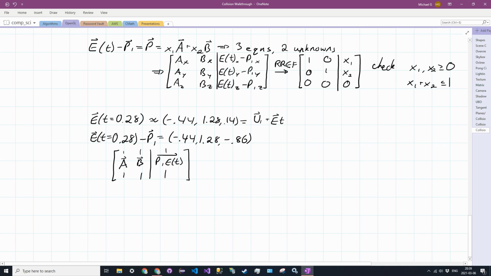If we plug in these values, we'll see it becomes 0, 1, 1, 0, negative 1, negative 1, and then the solutions will be around negative 0.44, around 1.28, and then around negative 0.86, but you have to keep the exact values here.